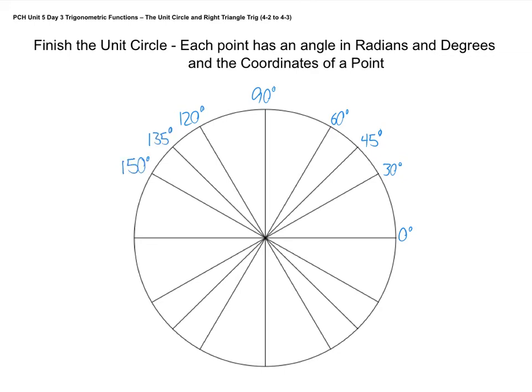Remember we put the 45s and the 30s together into one thing, because we cut it into quarters and we cut it into thirds. So we're putting it together all in one. Now this is 180.